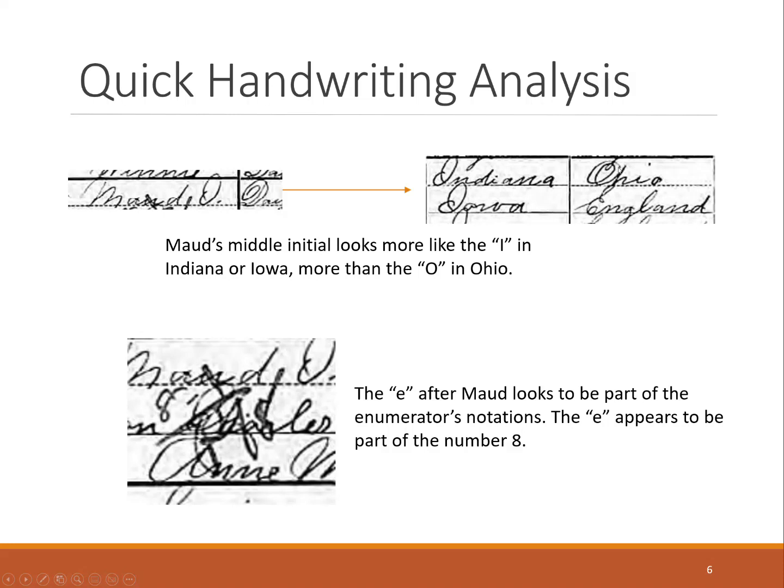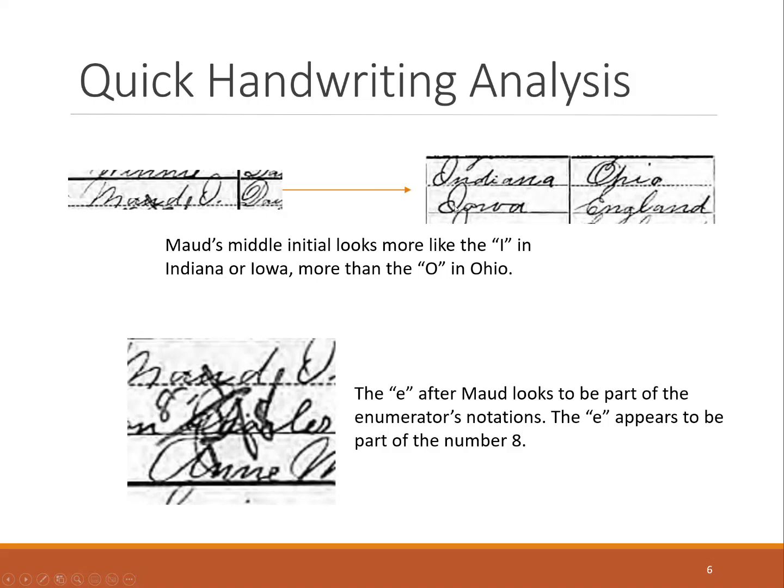You would have seen something up here probably for the O, but this person just has a very open, extremely open I. And that middle initial O that was transcribed as O is closer to looking like the I written all over the page by the enumerator.